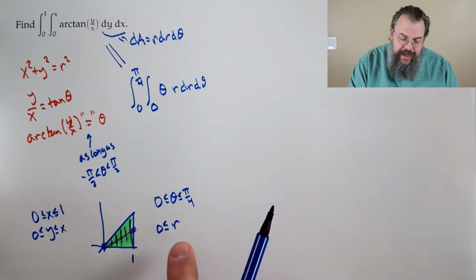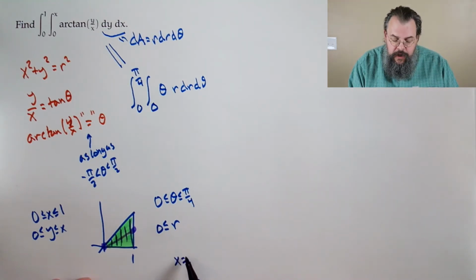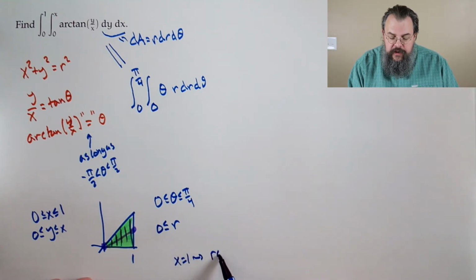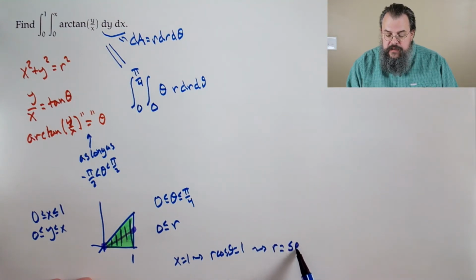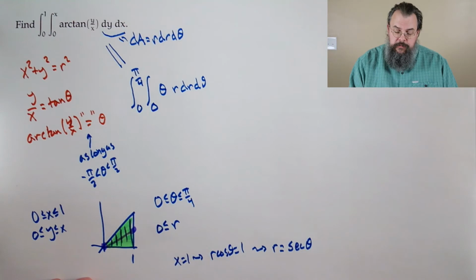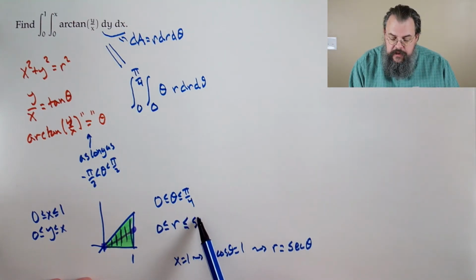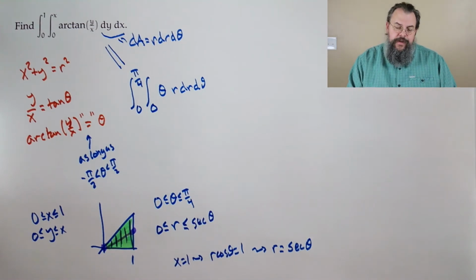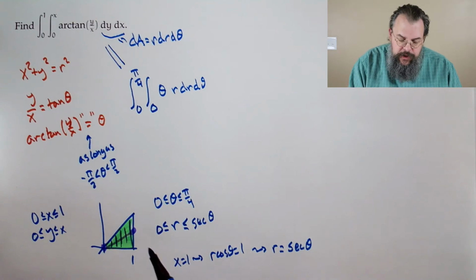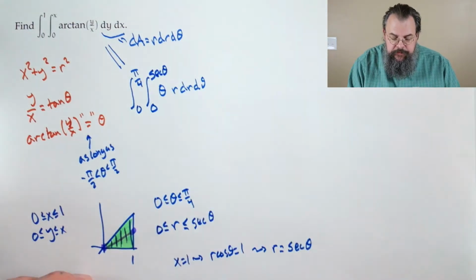But I don't need an x equals, I need an r equals. Well, x equals 1 is the same as r cosine theta equals 1, which becomes r is secant theta, because I can divide by cosine. So I'm going to run out all the way to secant theta. Good, so we're going to go from 0 up to secant theta.